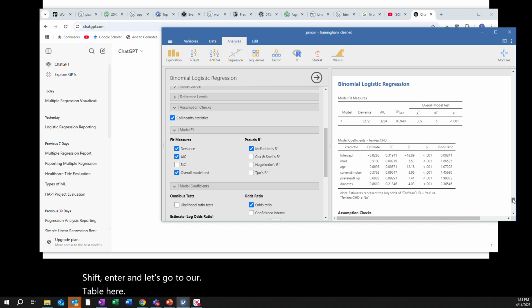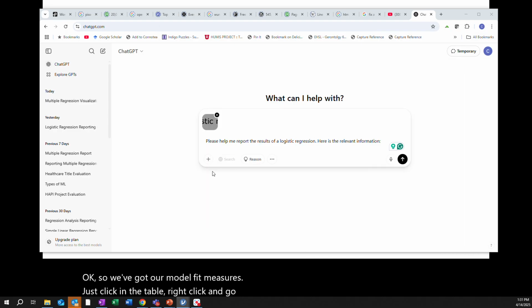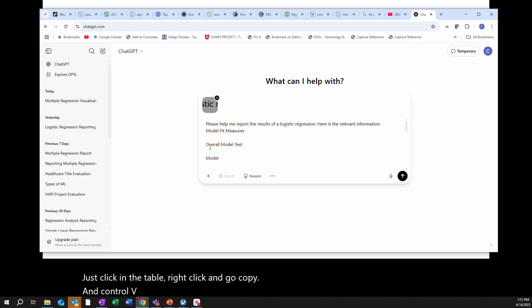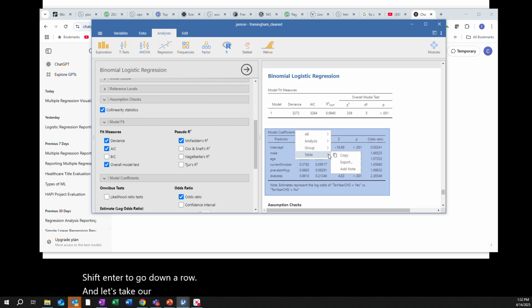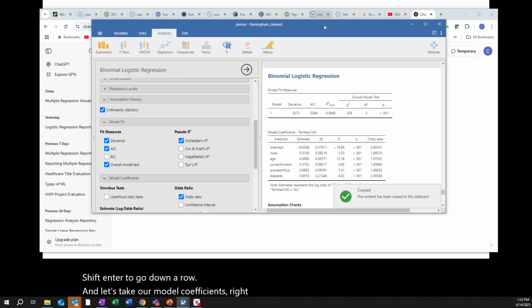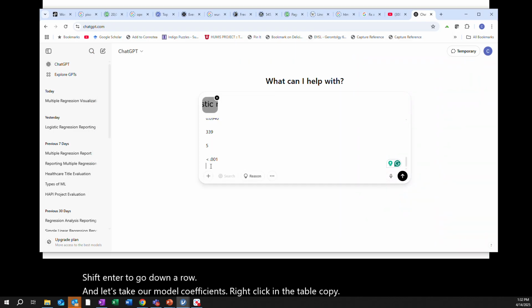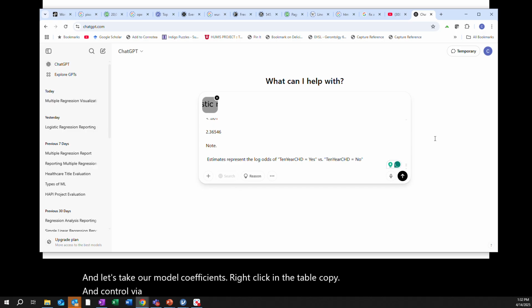Okay, so we've got our model fit measures. Let's click in the table, right click and go copy and Control V to paste into ChatGPT. Shift enter to go down a row. And let's take our model coefficients, right click in the table, copy, and Control V to paste. Shift enter to go down a row.